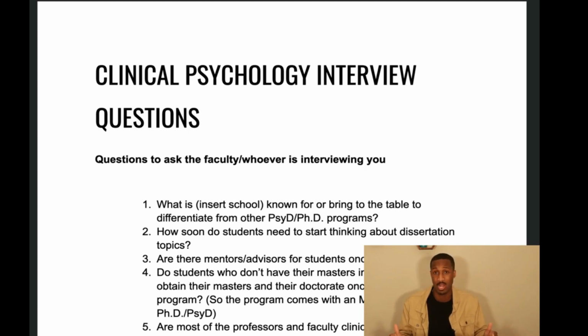When it comes to answering the questions, make sure you pay attention to the question. Make sure that if you haven't heard the question, you ask them to repeat the question. Some programs might do this. They might dock you on certain aspects of the question. So for example, they might ask you a 3-point question. What does that mean? They might ask you, hey, tell me about yourself.